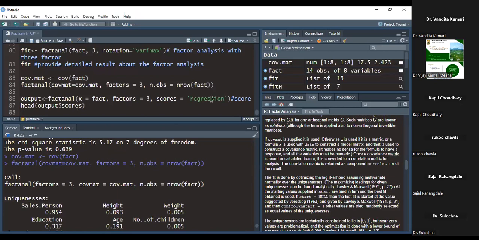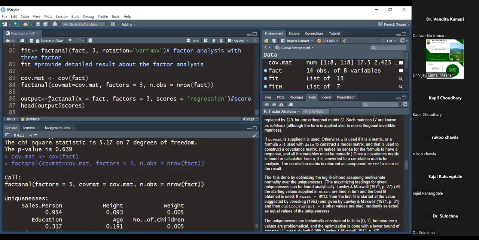Okay, then we would like to know the factor scores. For that, what we are going to do is factanal, x is equal to fact, where fact is the data which we have mentioned, factors 3, and scores. We are going to find the scores on the basis of regression.